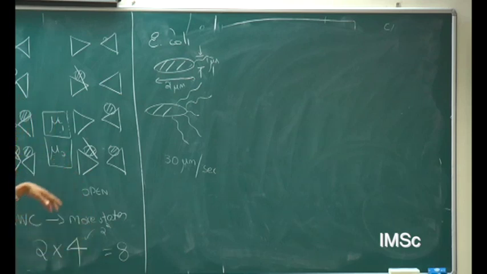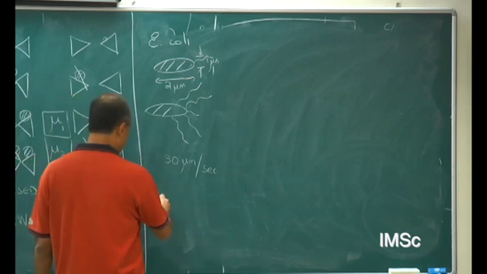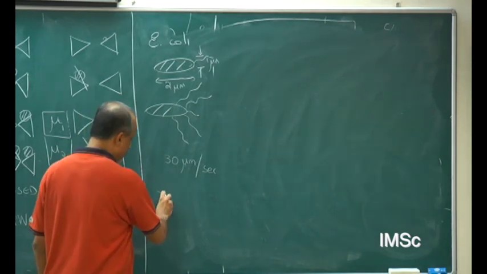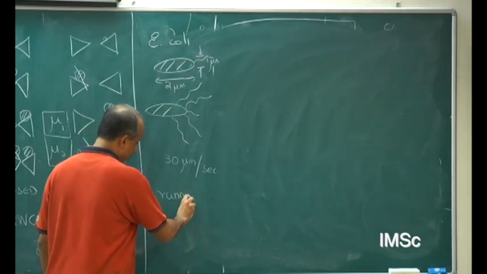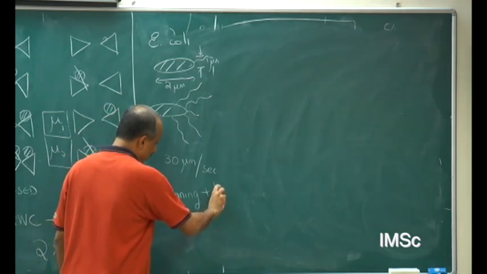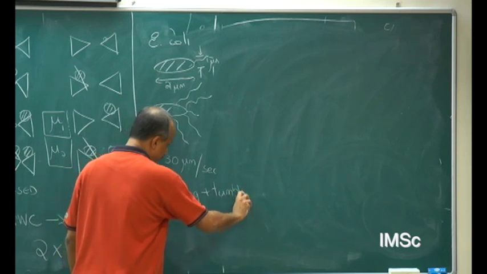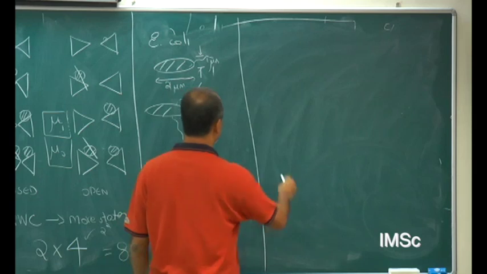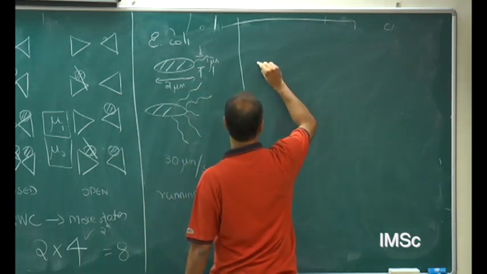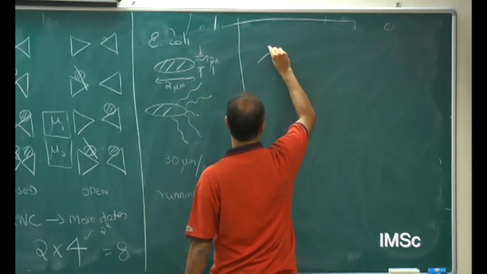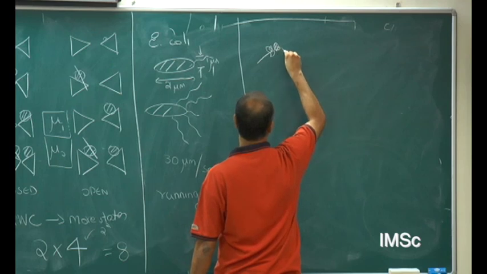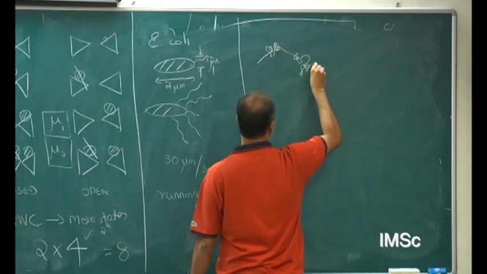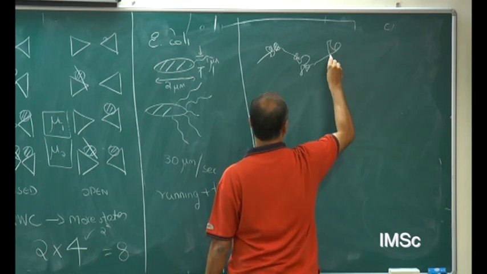And it swims in a somewhat unusual way. It swims essentially using 2 types of motion. One is called a running motion, and the other is called a tumbling motion. So if I was to look at the trajectory under a microscope, I would see something that looks like this. So this would be a run, then suddenly it would do something like this, then it would move more or less in a straight direction, then it would again do something like this, then it would move like this, and then again do something like that.